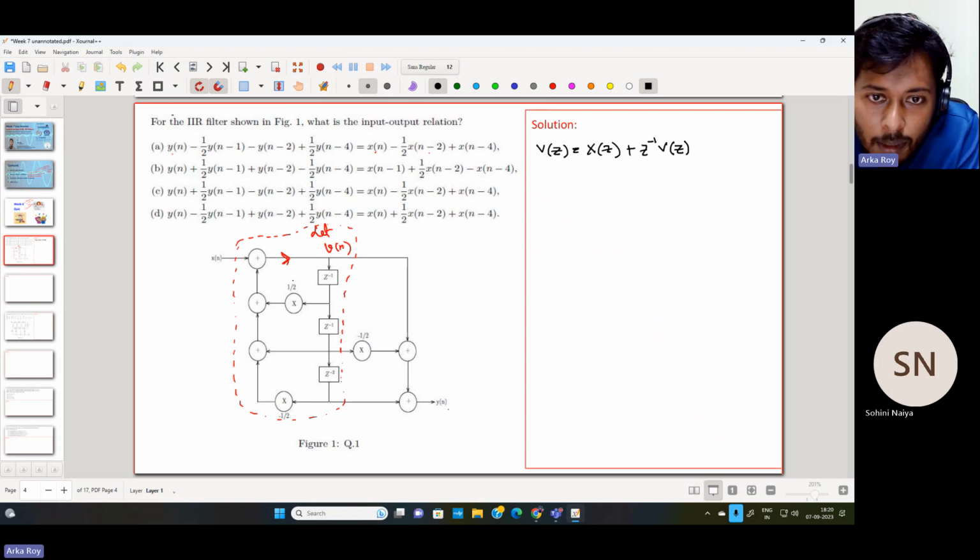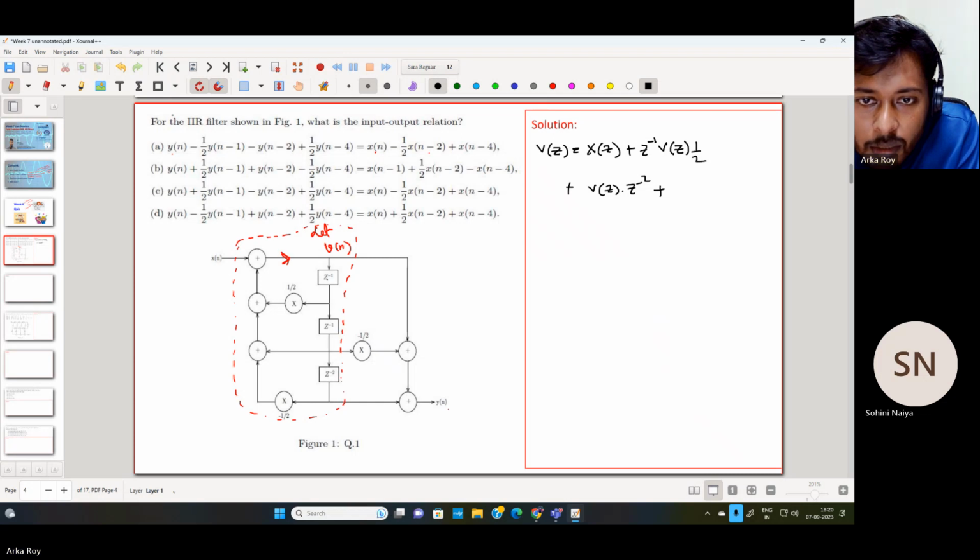Along with that, there is a multiplication factor associated with this. So this multiplier has a gain of half. So half will also be multiplied with this particular representation. Thereafter, v[n] is also passing through this particular delay, and this is the second delay block. At this delay block, I am getting V(z) multiplied with z to the power -2, because there are two delays.